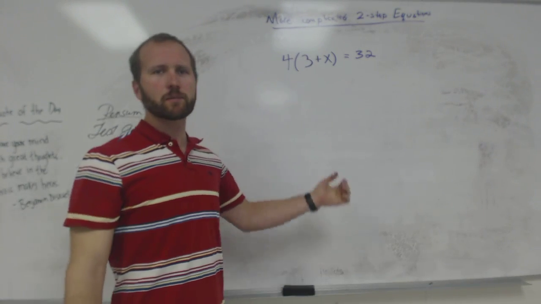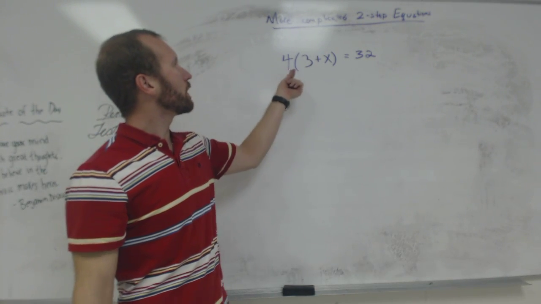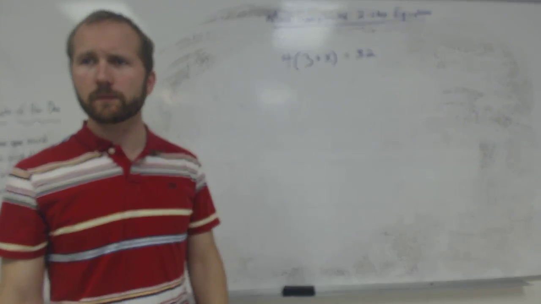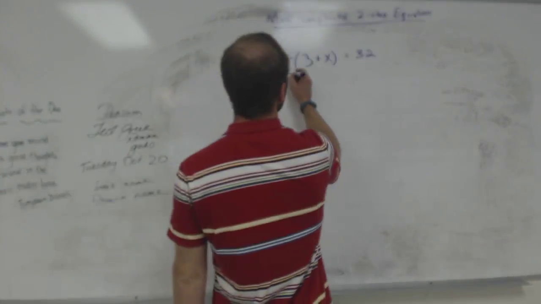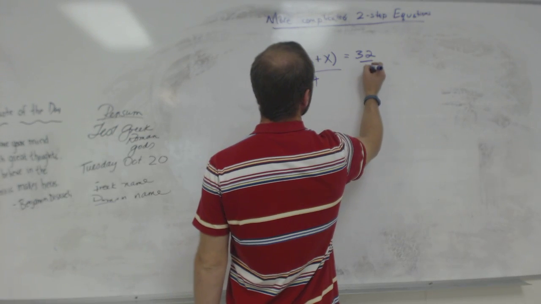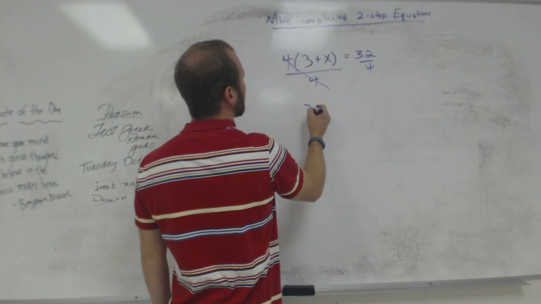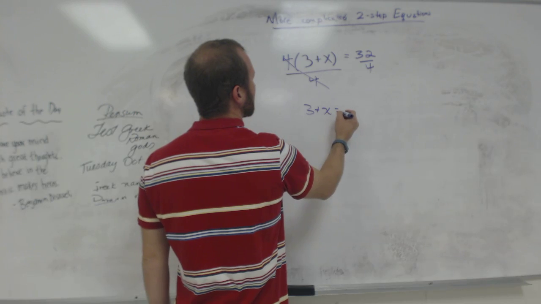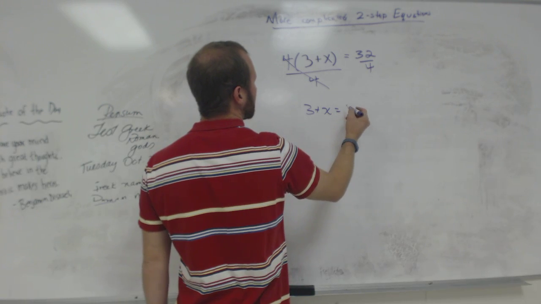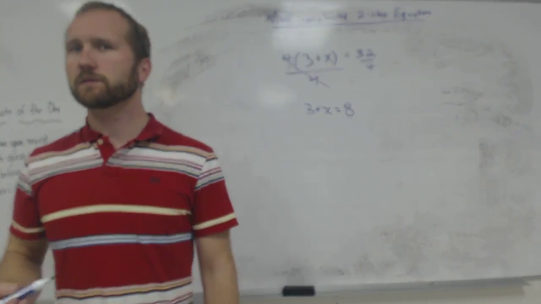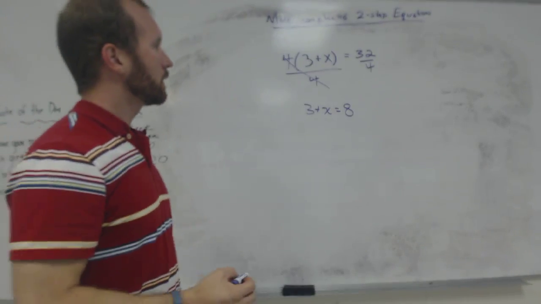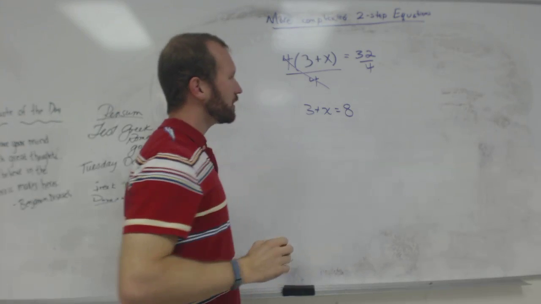What is outside my parentheses over here? 4. How do I get rid of that 4? Divide by 4. Very good. Boom. 3 plus x equals 32 divided by 4 is 8. You guys agree? Now what do I do? 3 plus x.